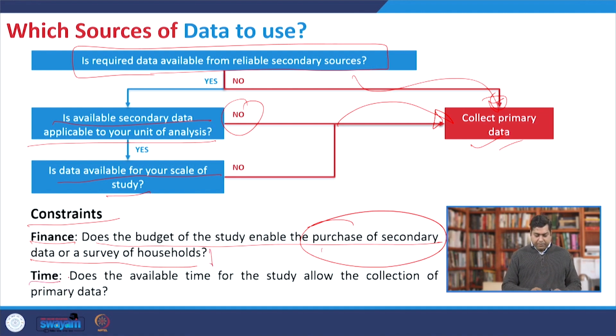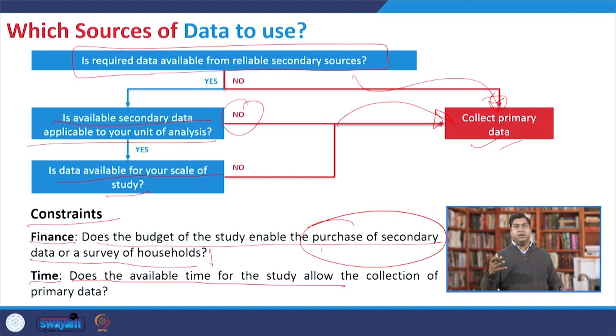Similarly, budget and time are two important aspects. Does the available time for the study allow the collection of primary data? If you say I don't have much time, then in the nature of research that I am doing, it will mostly rely on secondary information. Primary data is not that essential.